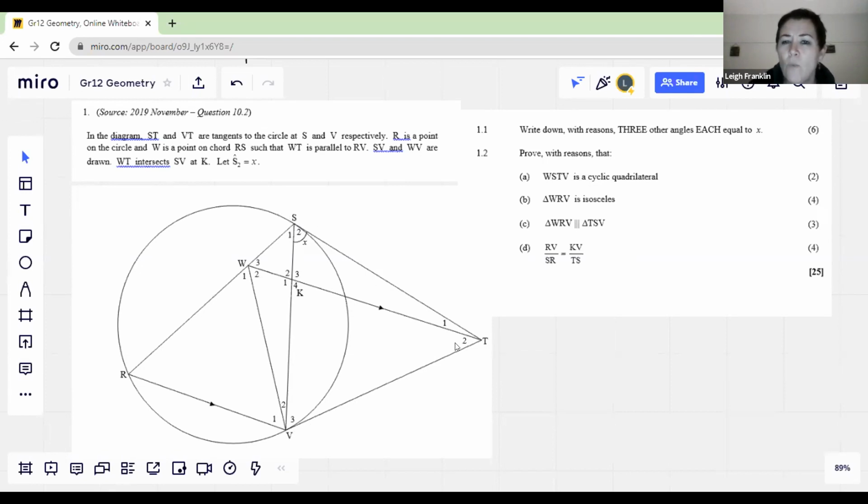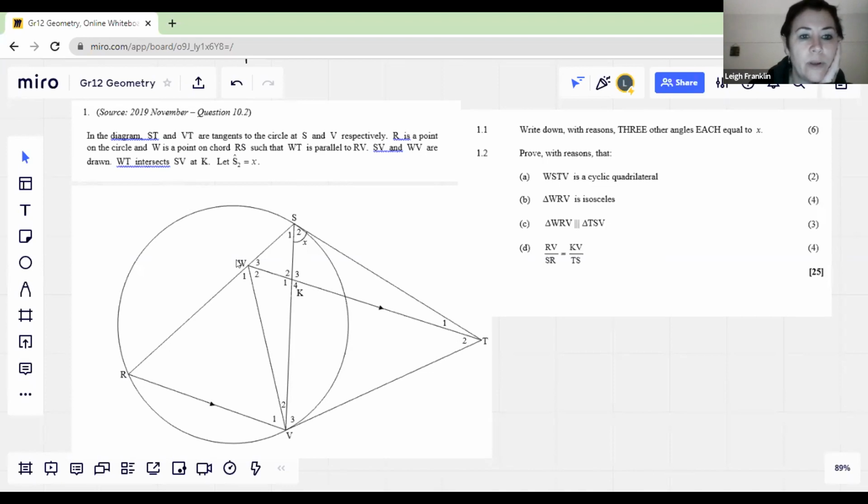Okay, so straight away, what does that mean? If ST and VT are tangents to the circle at S and V respectively, and they both originate at T, what is it telling us? What does it mean? They're equal. Well done. Yes. Reason? Tangents from the same point. Exactly. Okay, so tangents from the same point. Excellent.